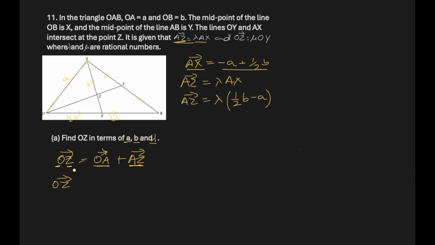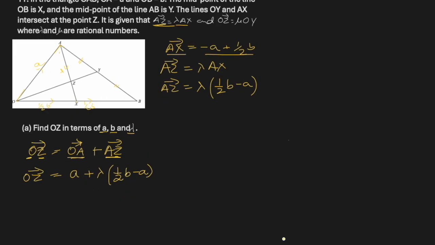OZ they wanted, OZ equal to OA, which is positive A, plus lambda times half B minus A, which I got for AZ here. So this is done, but there's no need. Okay, they wanted this in terms of A, B and lambda. I've done that. This is enough. If I need to open it up, I'll do it later.